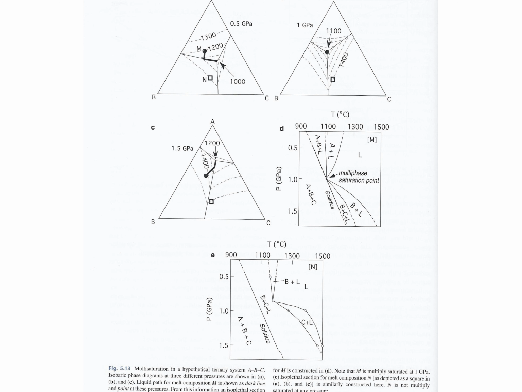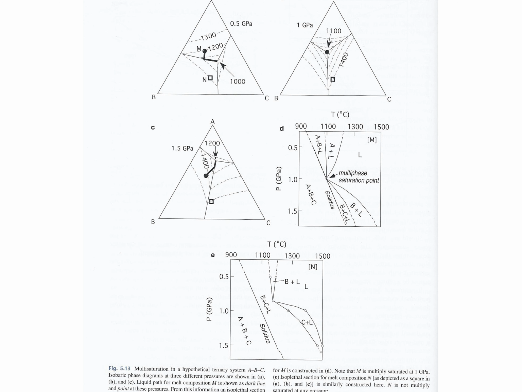That is the liquid path. From this information, an isoplethal section for M is constructed in D. Note that M is multiply saturated at 1 gigapascal, E.